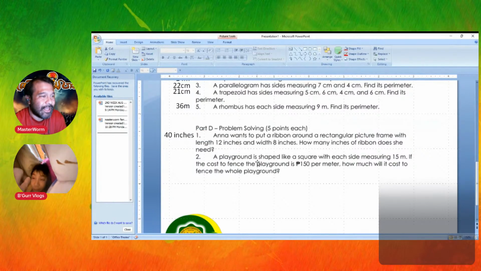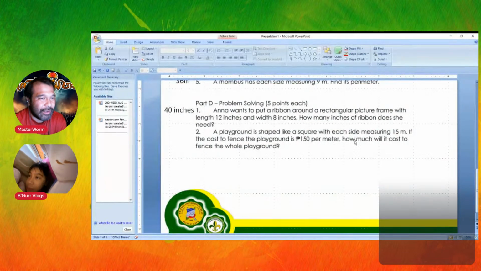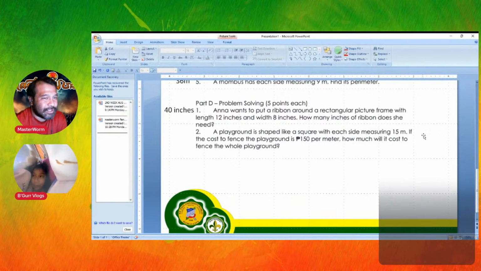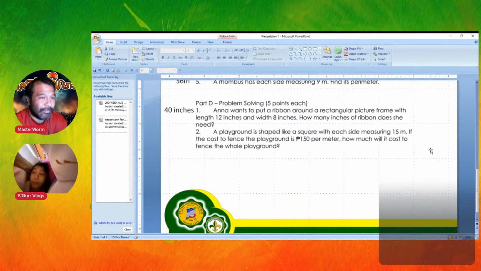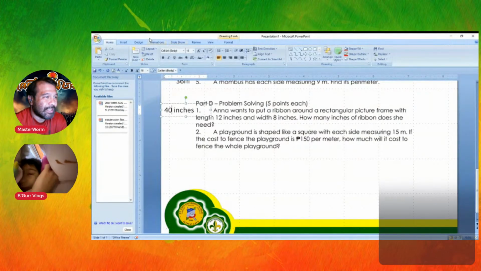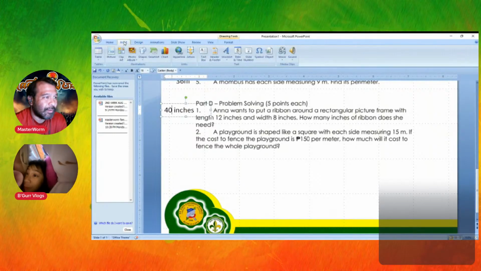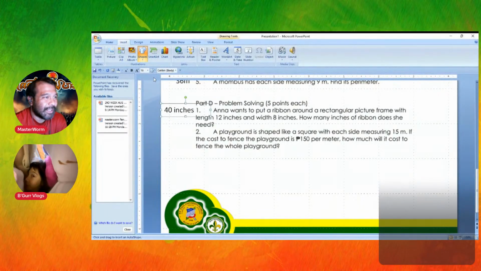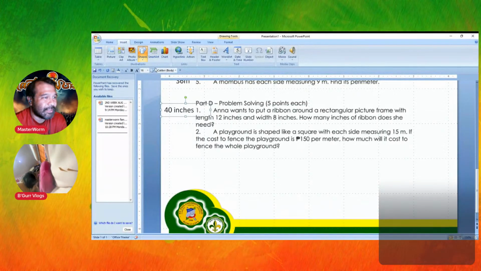Okay, next: a playground is shaped like a square, measuring 15 meters. So if it's a square, what happens if it's a square? It has the same sides if it's a square.